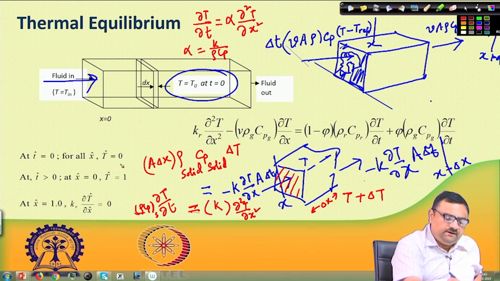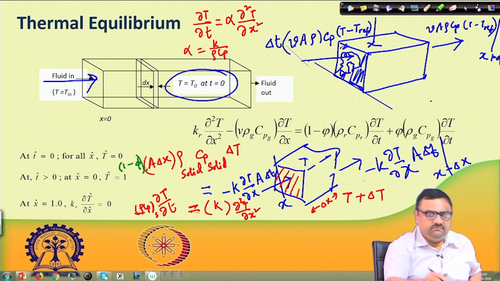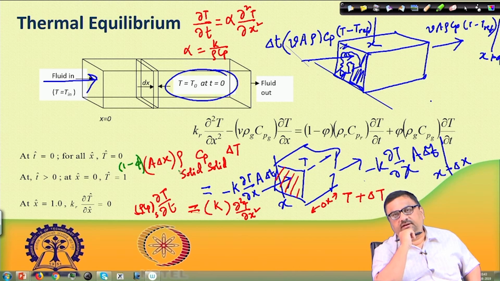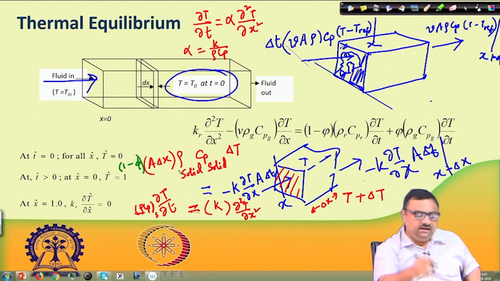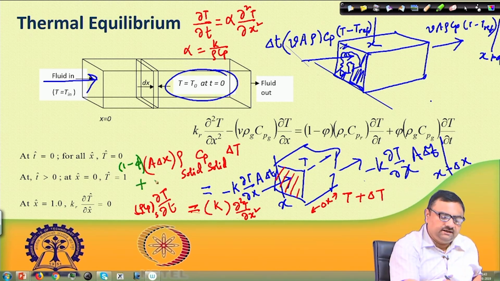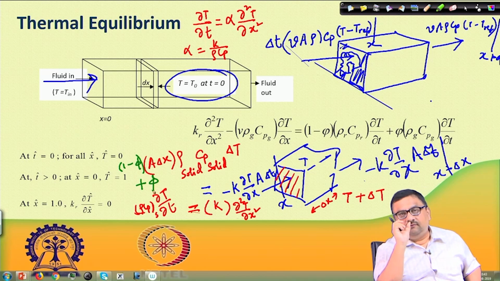This should be multiplied by 1 minus the porosity, because this is only the solid part where the accumulation is taking place, and then there should be an additional term for the void part.